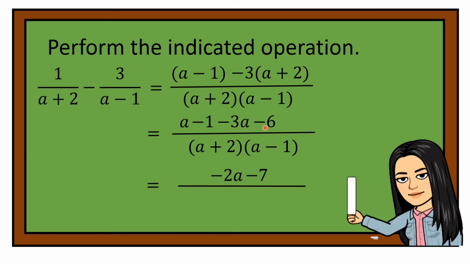Over, copy again the LCD, which is a plus 2 times the quantity a minus 1. So as you can see, the numerator and denominator don't have common factors. So therefore, this is our final answer.